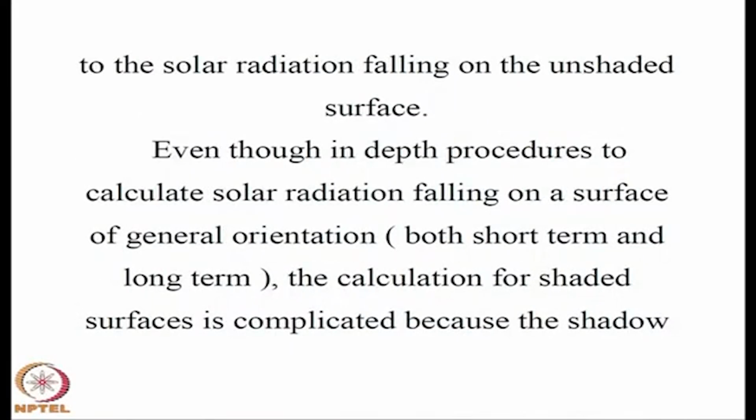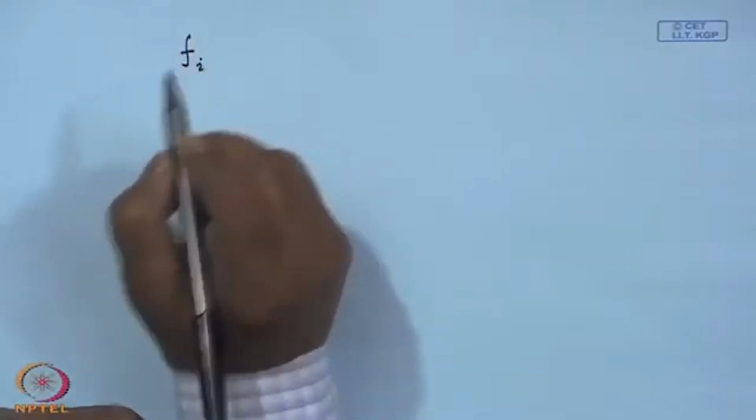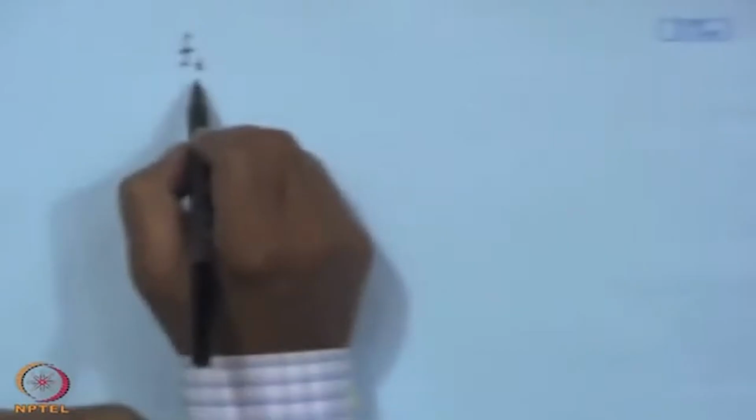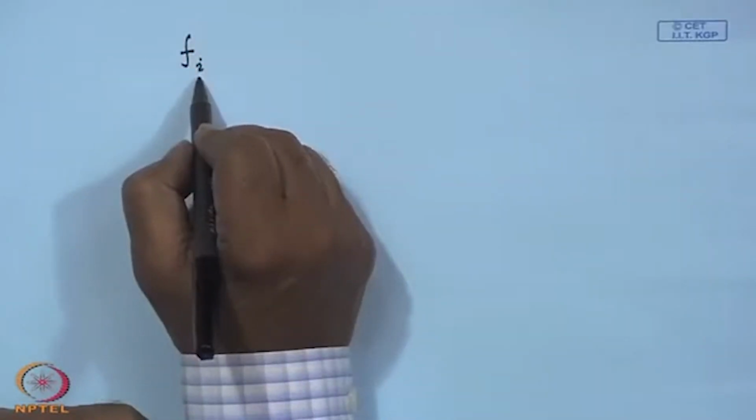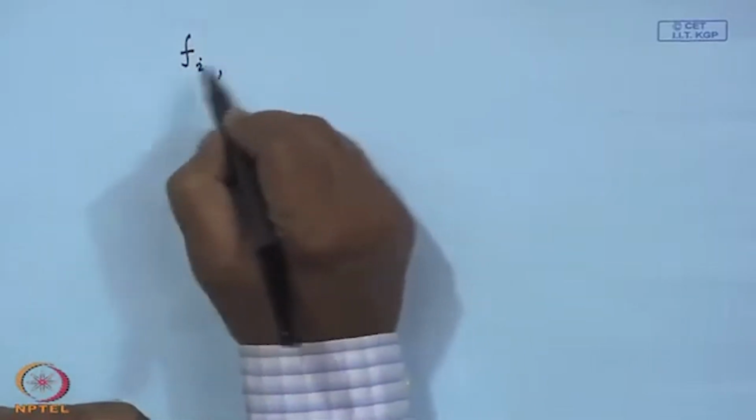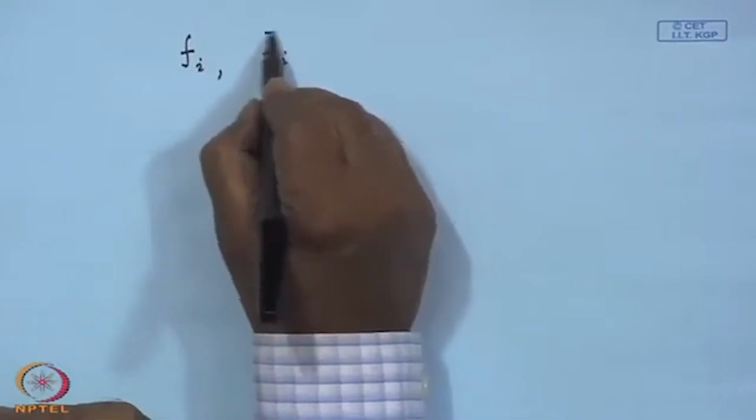Consequently, the radiation that is likely to enter through transmittance of the glass cover will be impaired by the factor which we call the shading factor, since the entire window is not exposed to the sun's radiation. So, now you can have that shading factor, just to distinguish it from our solar load fraction, and this is actually, I stands for illuminated area. It can be short term like an hour or a long term over a period of 1 month or a day.